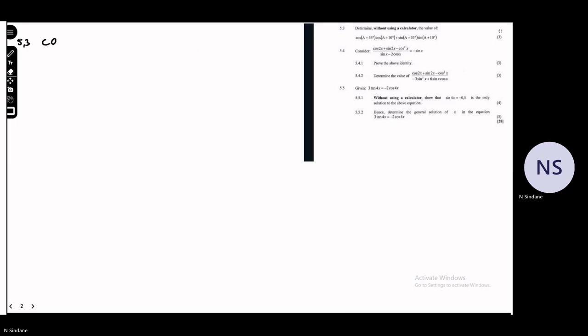It's cos of A plus 55 multiplied by cos of A plus 10, then plus sine of A plus 55, and then multiply sine of A plus 10. That's better. Okay, I can clearly see that this is a compound angle.